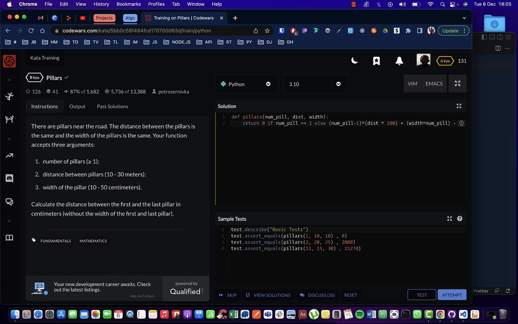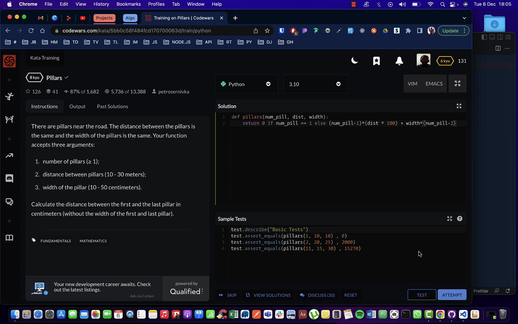So we'll just do the same thing, 2 times the width. Now there is a common factor here, and that is the width. So we're going to summarize this, and we're just going to say the width times num_pil minus 2. So I think that one should do the job.